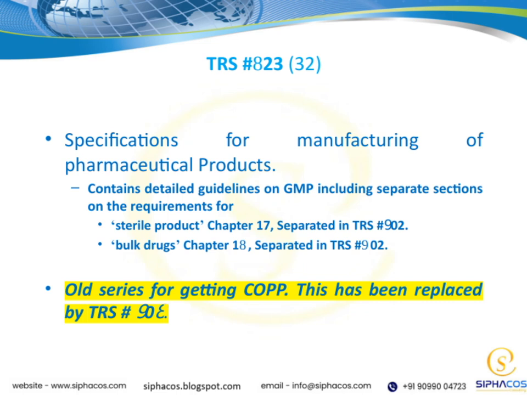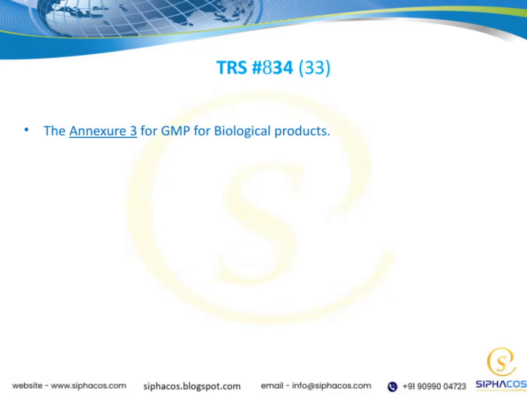These references help us stay aligned with current international practices and ensure our manufacturing processes meet the required quality benchmarks. Overall, these specifications and guidelines form the backbone of quality assurance in pharmaceutical manufacturing, ensuring that every product meets safety, efficacy, and regulatory standards.